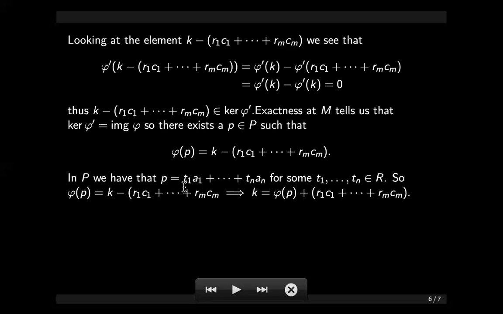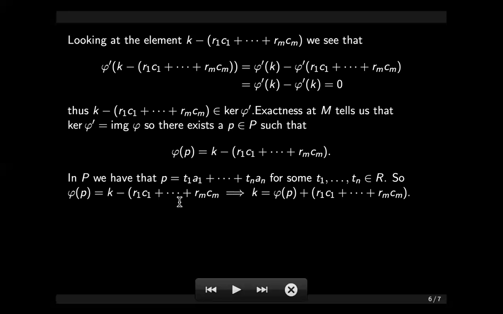But we know that in P, every element can be written as a sum of the generating set. So we have p equal to T sub 1 A1 plus dot dot dot plus T sub n A sub n, for some T sub i in our ring.